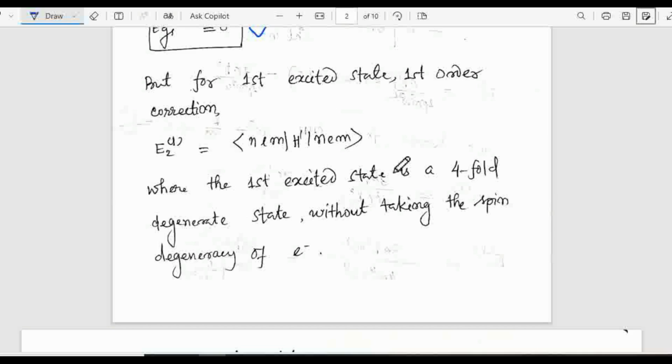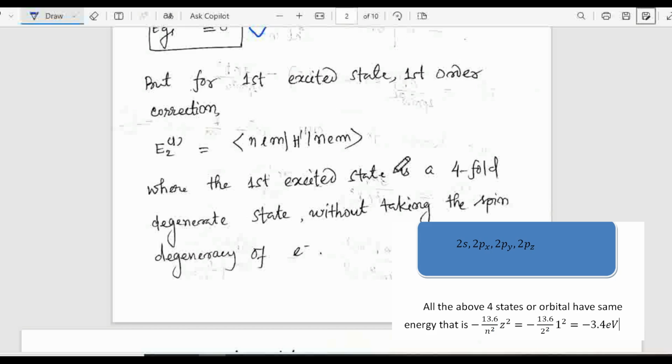For example, in the case of n equal to 2, the states 2s, 2px, 2py, and 2pz all have the same energy. What is the energy? Minus 3.4 electron volt, for example for a hydrogen atom.